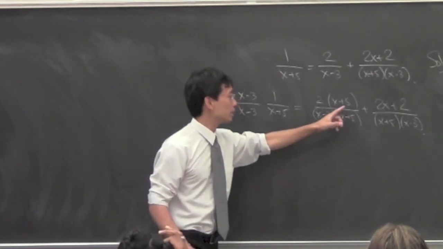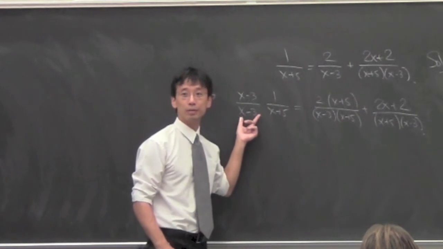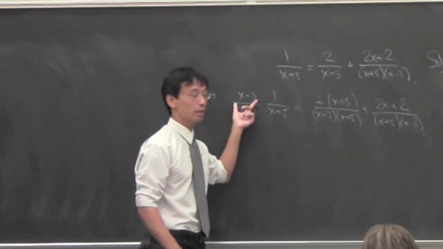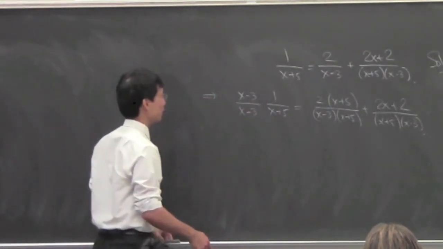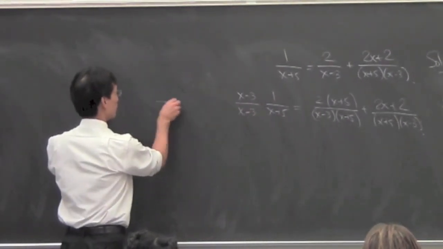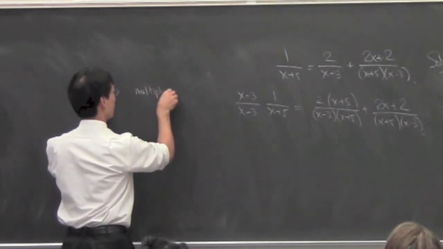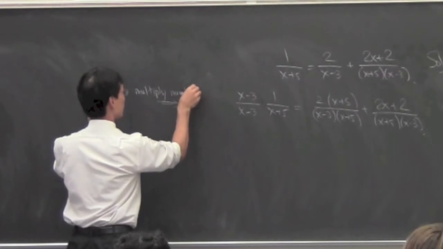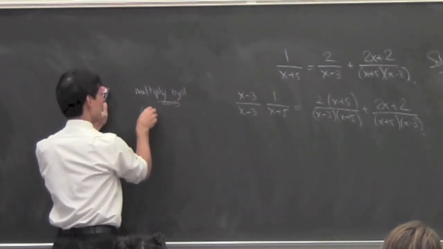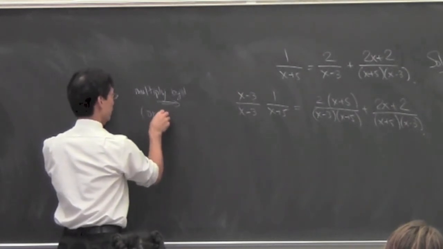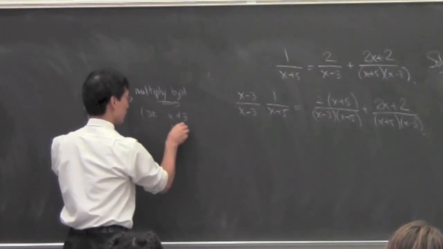Because in those cases, if x were negative 5 or 3, we'd be in trouble. This wouldn't be 1, but rather it would be 0 over 0, which doesn't make any sense. So we multiply numbers by 1. It's okay as long as x is not 3 and x is not negative 5.